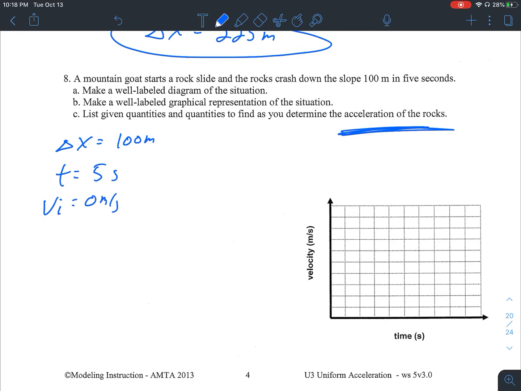Or can we figure that out? All three equations had acceleration. So we actually have to find the acceleration first. We're looking for an equation that does not have VF, because that's something we don't have. So the one equation that doesn't have VF was the one that we've been using.